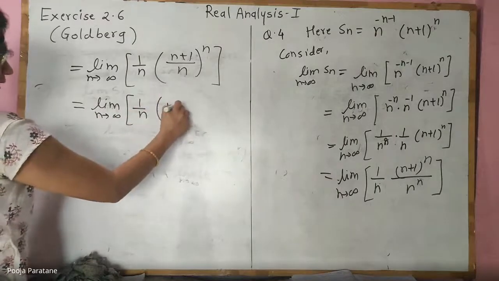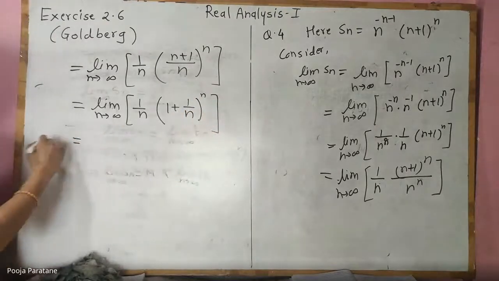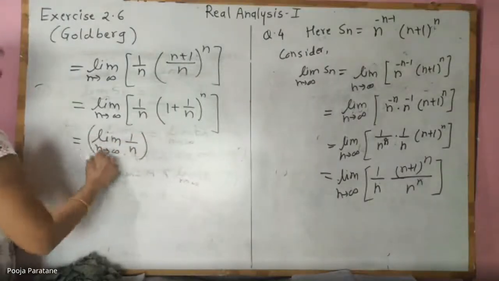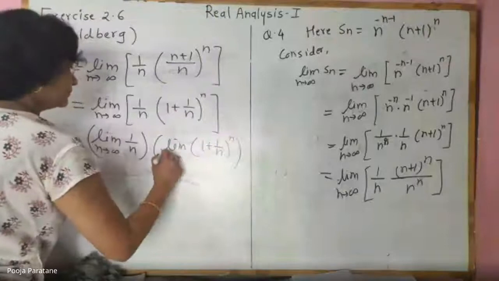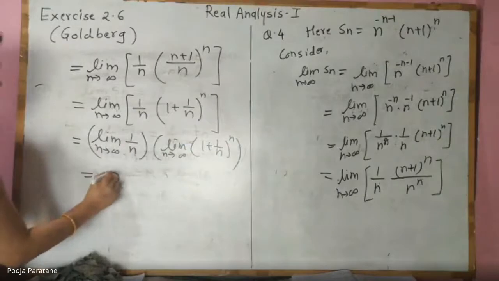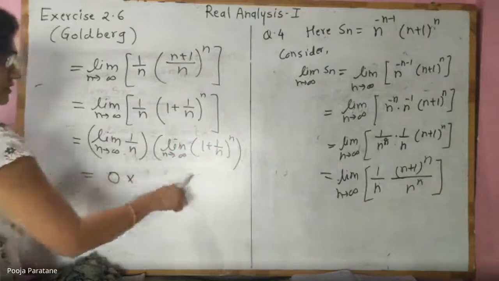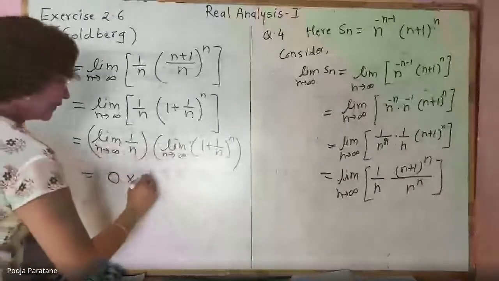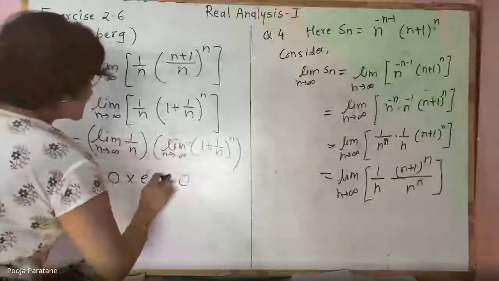So now we can split it. Limit as n tends to infinity of 1 upon n into the limit of this bracket. So this is equal to 0 because as n tends to infinity, 1 upon n tends to 0, into, now we have seen in the last lecture that this limit is e. We have also proved it. So the product is 0.